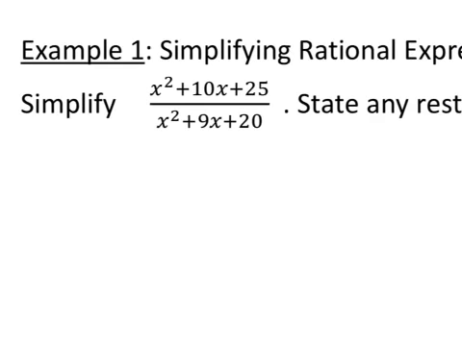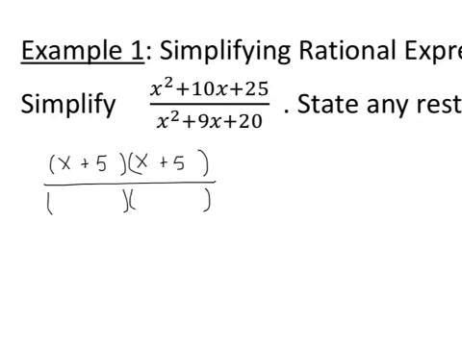What can we factor the numerator into? X and x. X plus 5. So we need two numbers that multiply to get 25, add to get 10. Plus 5 and plus 5. That is correct. What about on bottom?